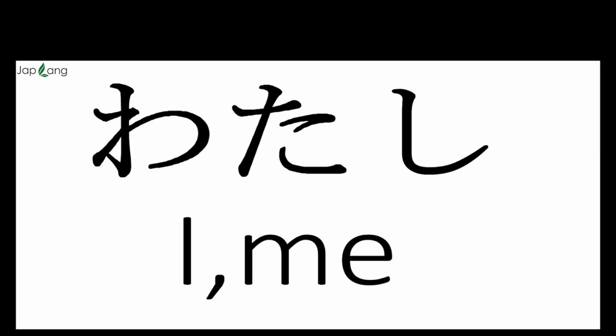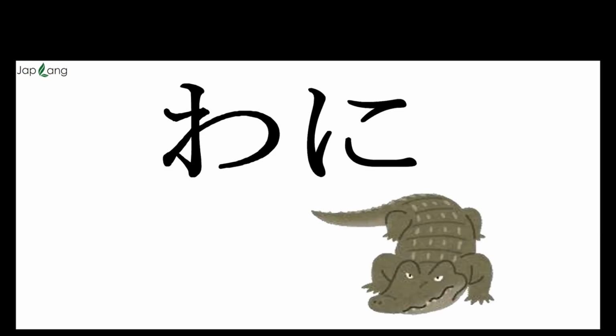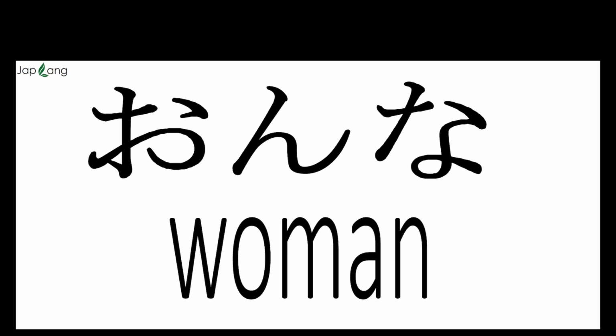This would be niwa. Niwa is garden. Yes, you will be using this word many times when you are learning Japanese. Watashi. That is I or me. Wani is crocodile. Onna is woman.